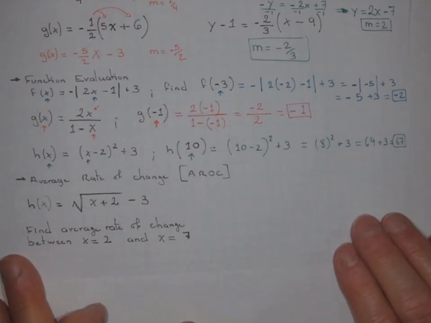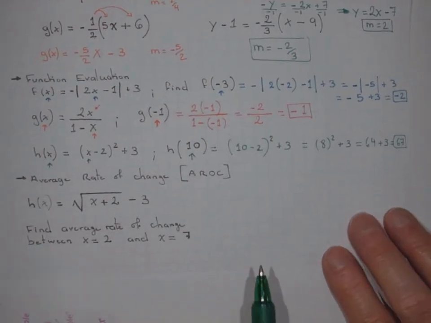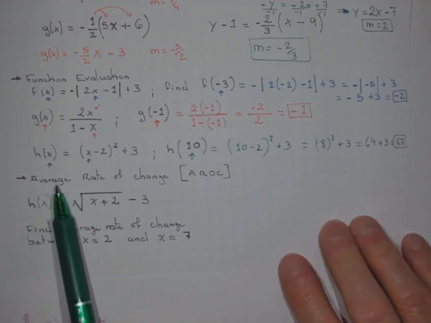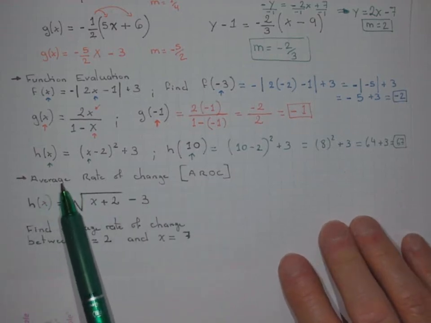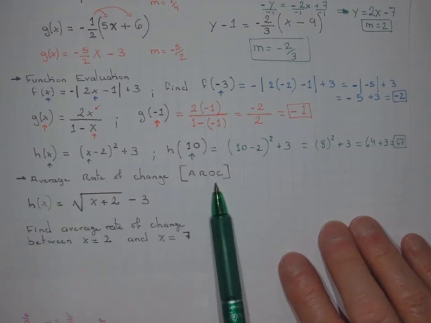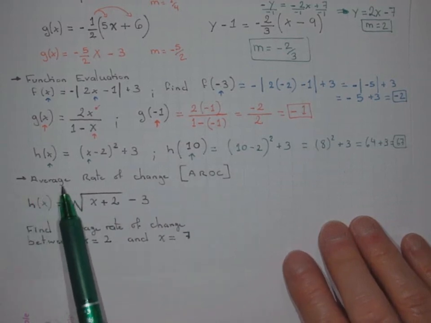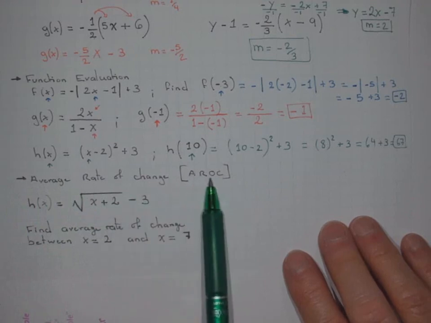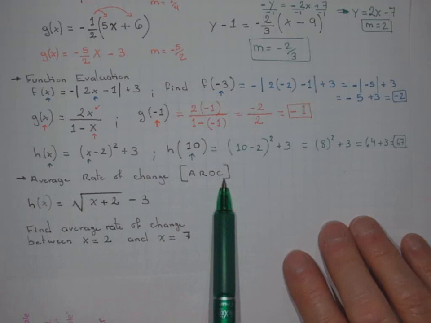All right, the last idea we're going to look at here, at least on this paper, is if you look for an average rate of change. Now, you want to be familiar that in math, we like shortcuts when we have to write long things. So average rate of change is very often written as AROC.